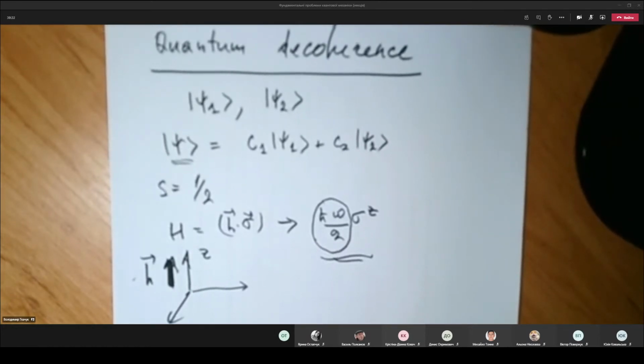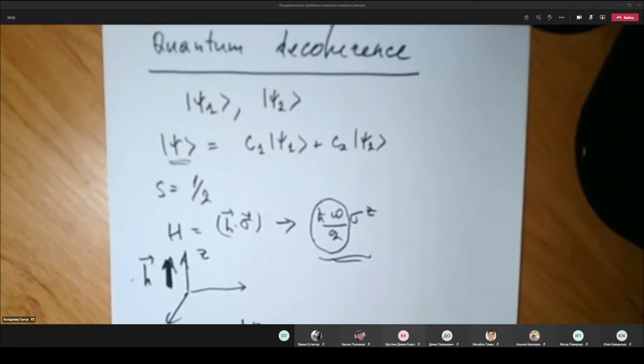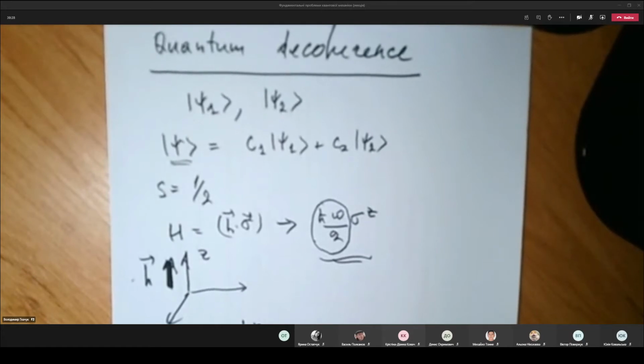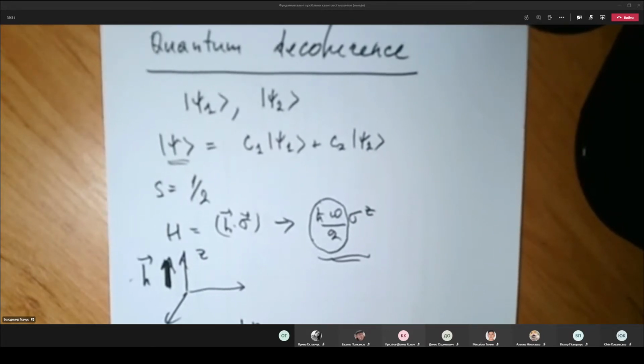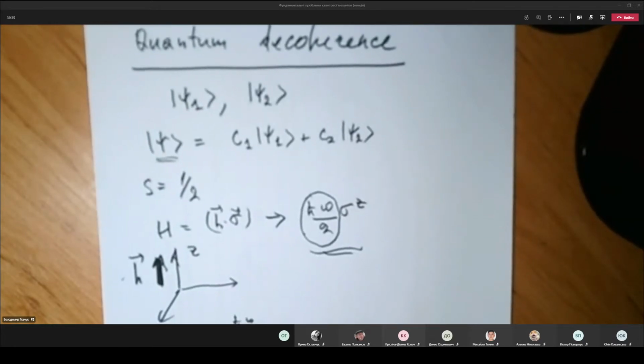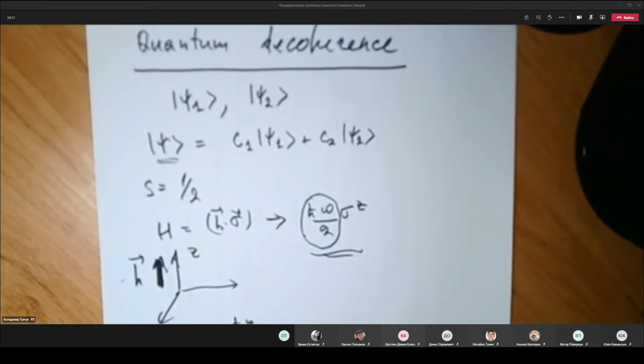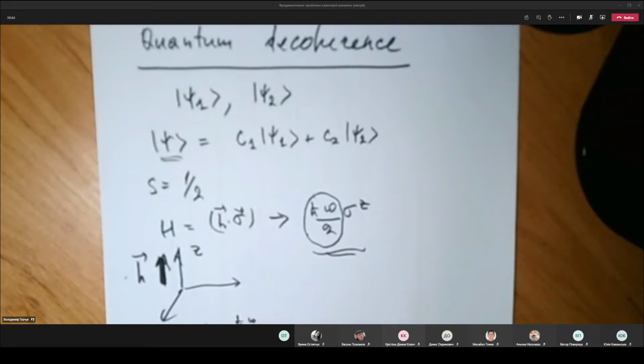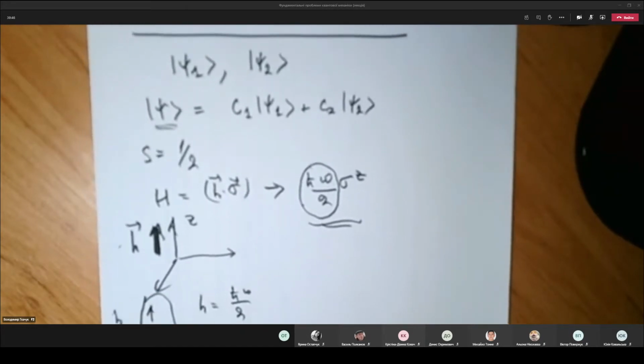Suppose the value of the magnetic field I write is H omega divided by 2, and so on. Each spin interacts with the same magnetic field. And now we have a pure state of an ensemble of spins in the same magnetic field. So the Hamiltonian for each spin is the same.